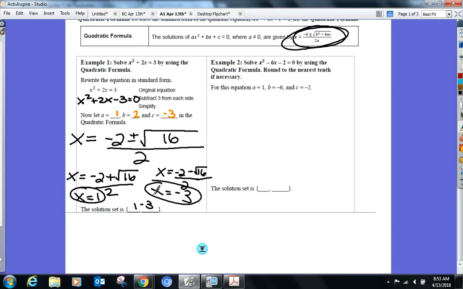Everyone all right? Going? Any questions? What do you got there, Emma? For which one? -2 plus the square root of 16? What are you typing in your calculator? Are you putting a negative on that too? All right, let's go. I'm ready.